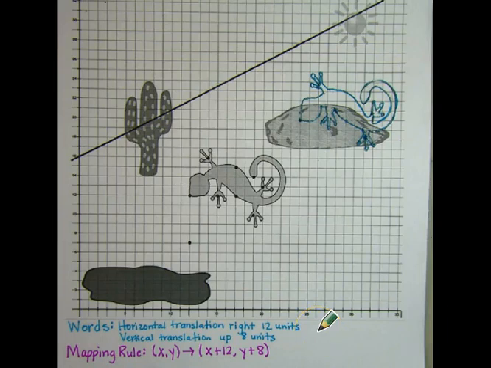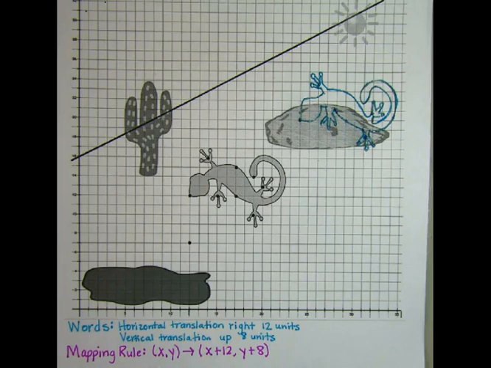There are a few different ways that we can represent a translation in the coordinate plane. For the lazy lizard, we could use words or a verbal description to describe the movement. We could say that the lizard was translated to the right 12 units and up 8 units.